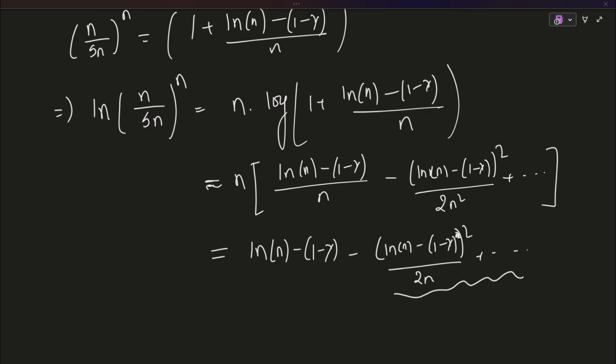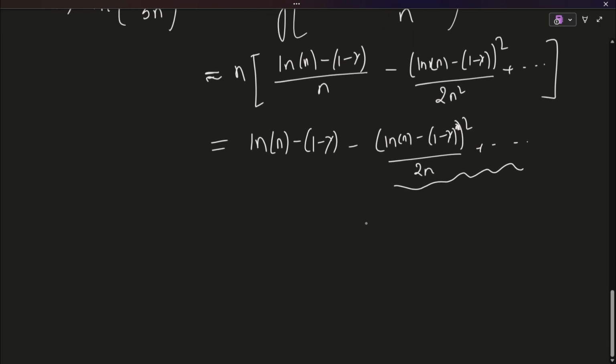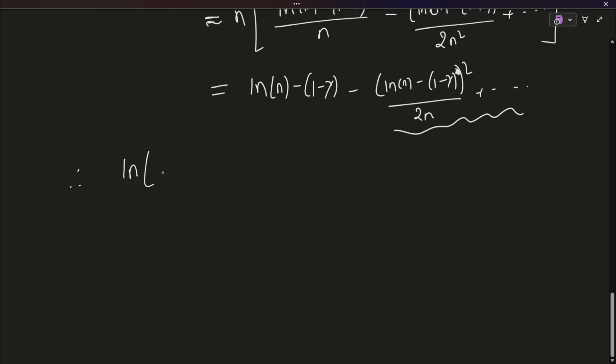We are pretty much clear about that, right? Because all of these logarithm terms are dominated by the polynomial terms in n. Therefore, we can say ln of (n by Sn) whole to the power n is approximately ln n minus (1 minus gamma). That much is clear now.